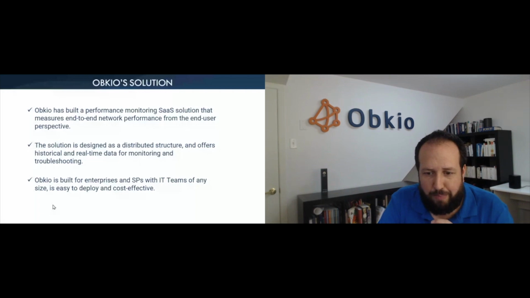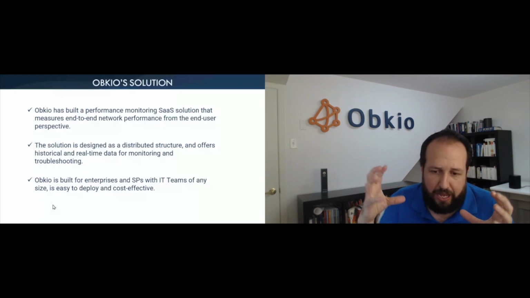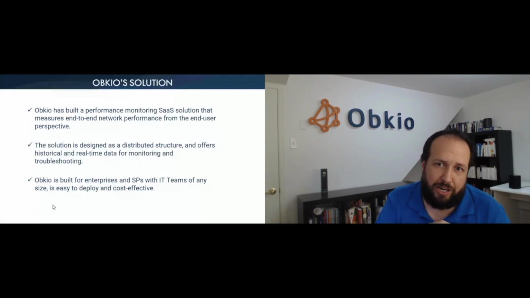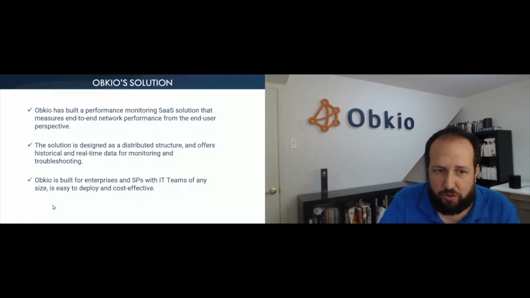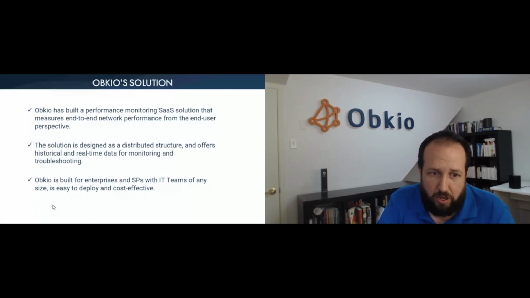Agents send these measures to our cloud platform, and users can access this data via our SaaS portal. The solution is designed as a distributed structure and offers historical and real-time data for monitoring and troubleshooting. We work every day with service providers and IT teams. About 50% of our customers are managed service providers, and the other 50% are direct customers.